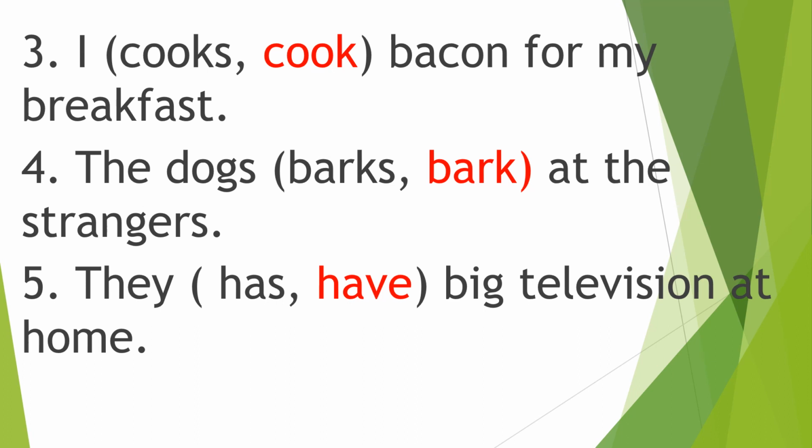The last number, 5, we have here they have big television at home. The subject here is they, which is third person plural, and therefore it goes with a plural verb, which is have.